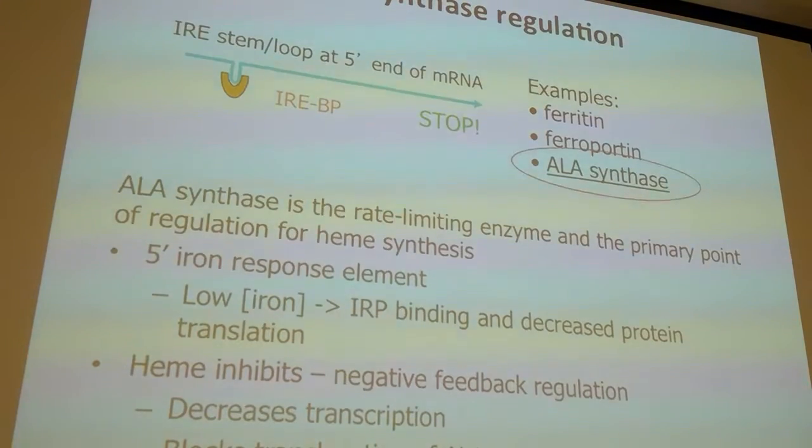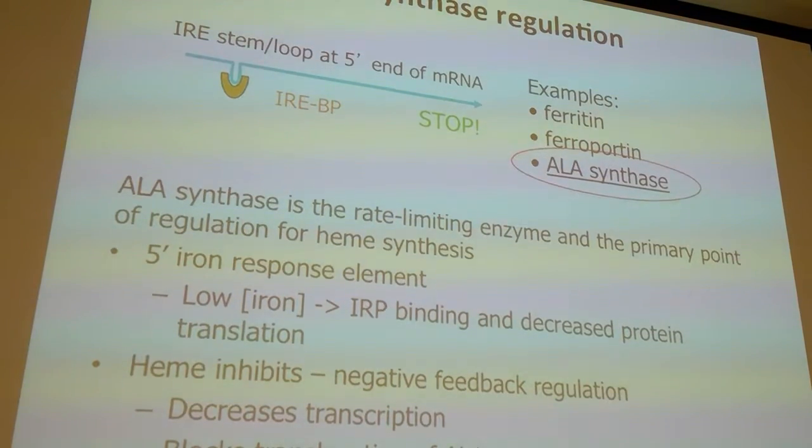Okay? And so, not surprisingly, since this is the rate-limiting enzyme in the committed step in heme synthesis, this is an important step of regulation. And I already referred to one point of regulation for this enzyme, and that's through a 5' iron response element, so an IRE. So in addition to ferritin, which stores iron, or ferroportin, which transports iron out, ALA synthase is controlled by a 5' IRE.